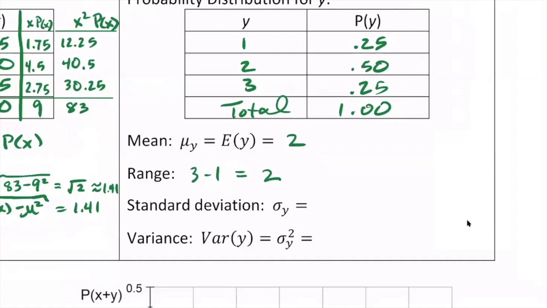If you look, it's 0.7071. But what I'm more interested in this lesson is the variance. So I'm going to show you real quick how you can get a really precise squaring of the standard deviation to make it the variance.